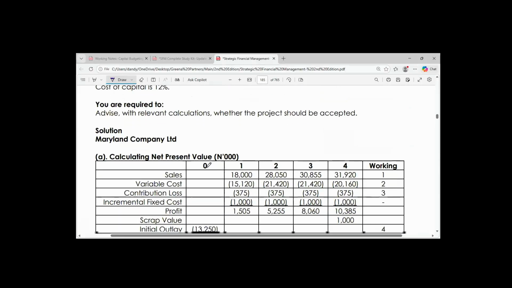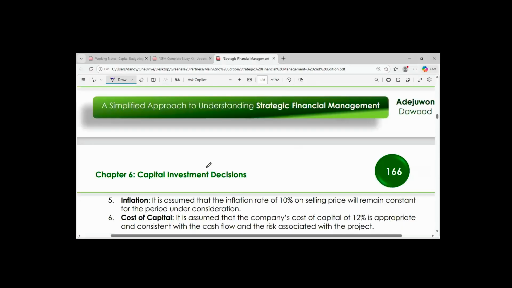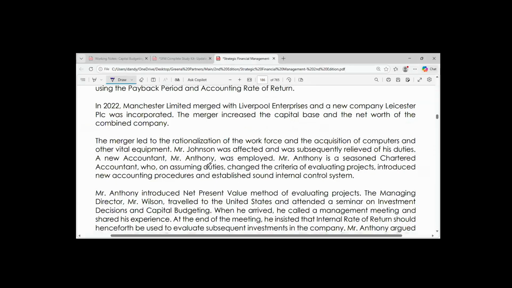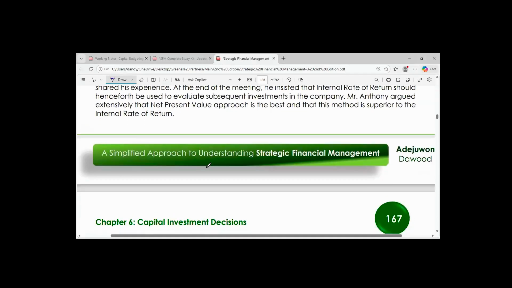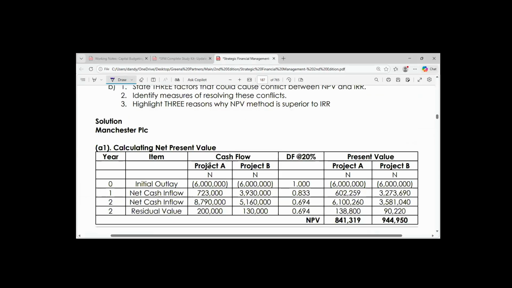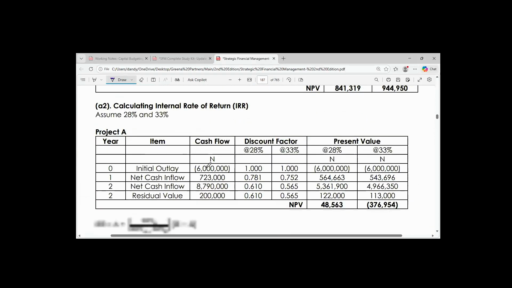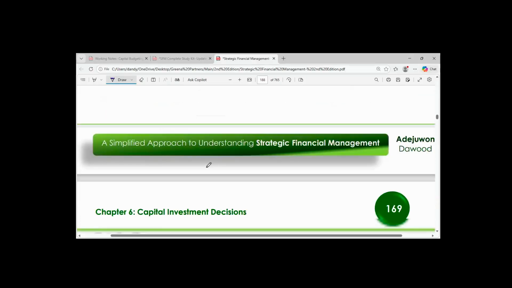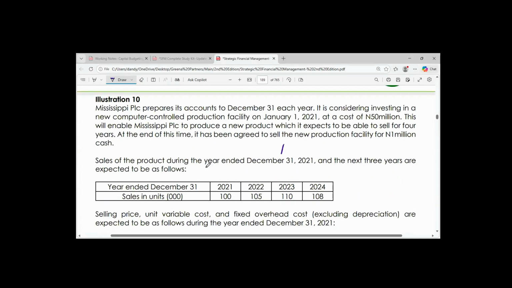In November 2019, it was adjusted present value. In November 2020, it was option pricing in capital investments. Then in November 2021, it was internal rate of return. That was the last time ICAN tested a capital budgeting question.